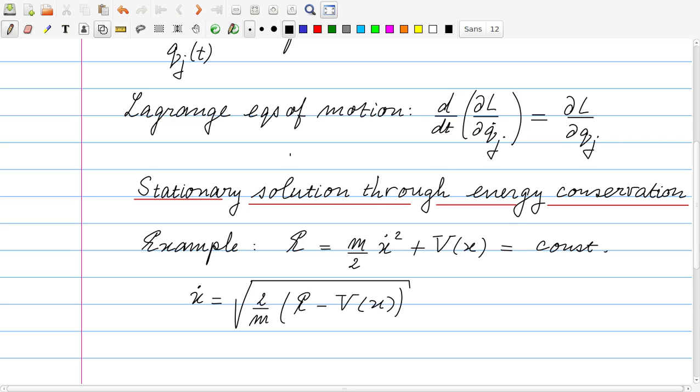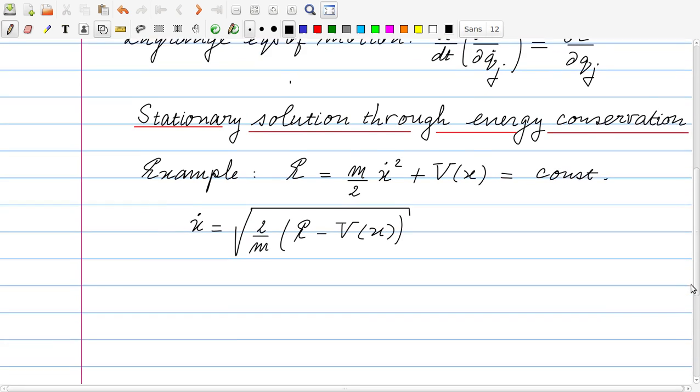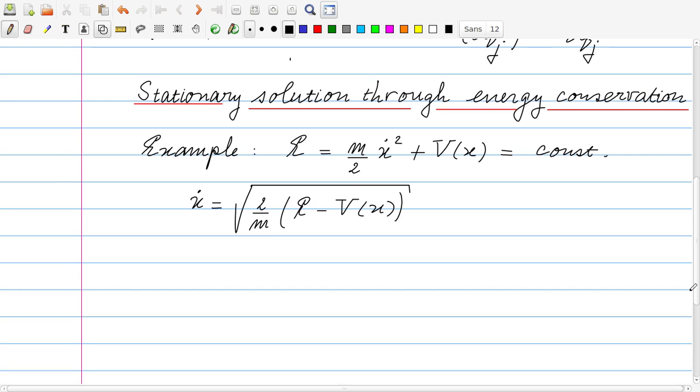So we can write x dot explicitly as a function of x, and we could try to solve the resulting first order differential equation. For most mechanical problems, this is a method that we seldom use because it is only a first order differential equation, but it's usually more complicated than the second order differential equation that we get from the Lagrange formulation.